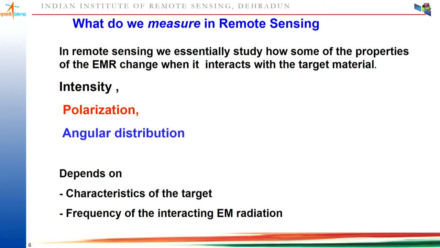So from this scattering and absorption, the properties of the atmospheric constituents, whether it is gases or aerosol, we calculate a number of properties like the density of it, the number concentration of various atmospheric gases, using a physics law, that is the Lambert-Beer law, the famous Lambert-Beer law. And when it interacts with the material, that is the atmospheric constituents, it basically interacts in terms of intensity, the polarization and angular distribution.